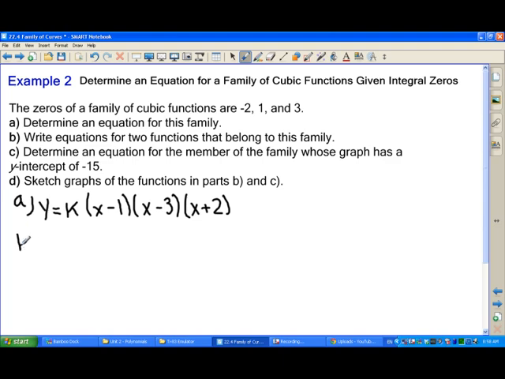Part B, again, we're looking for equations for any two functions that belong to this family, so I can pick any k value I want, as long as it's a real number.